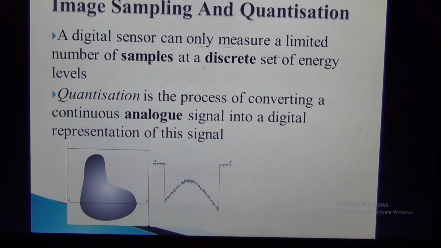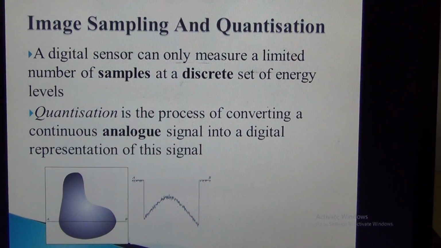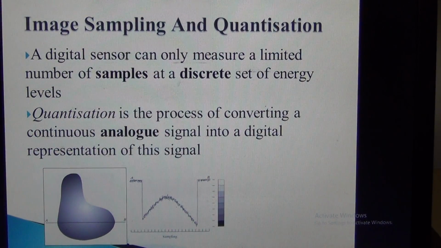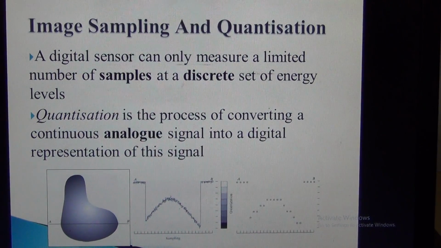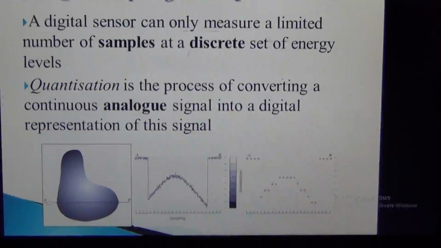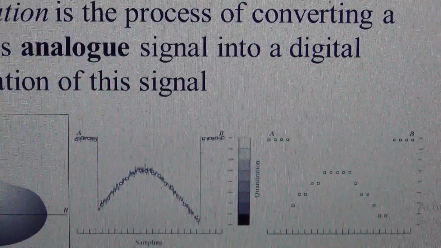To sample this function, we will take equally spaced values along line AB. The samples are shown as small white squares superimposed on the function. The set of these discrete locations gives the sampled function in the third plot.